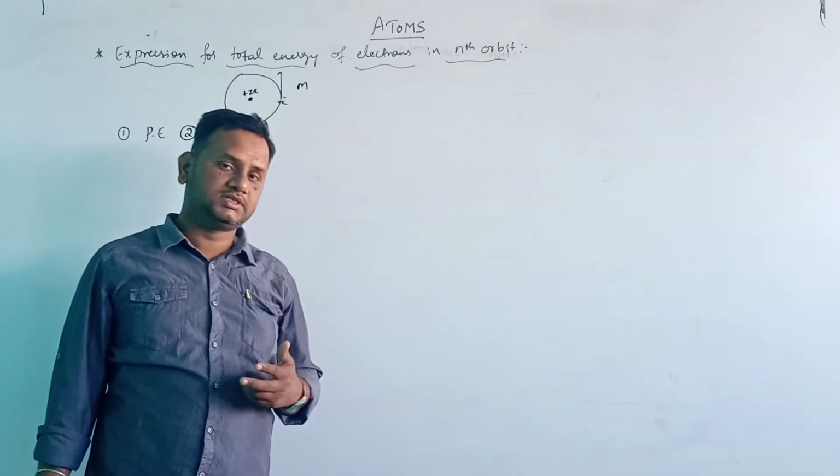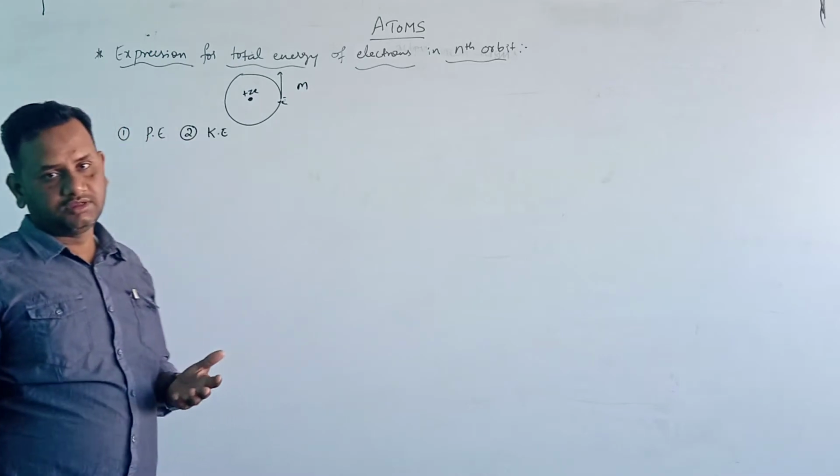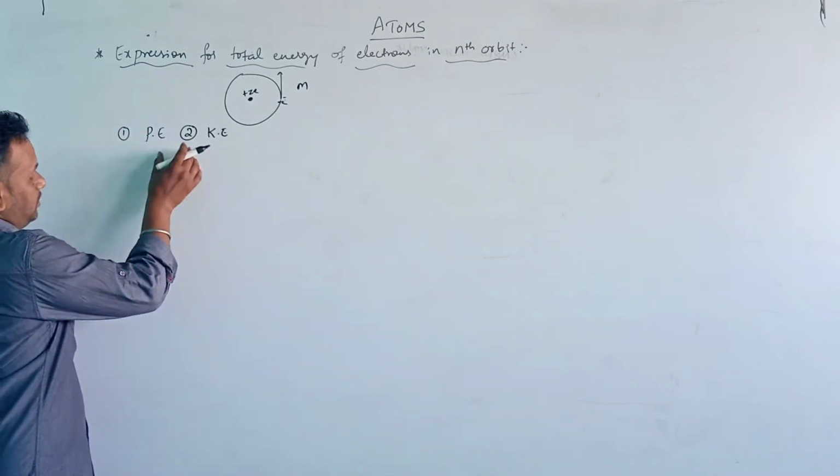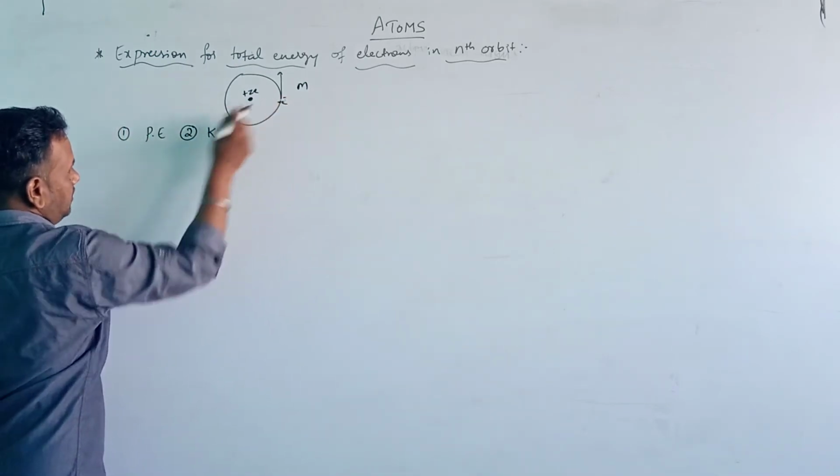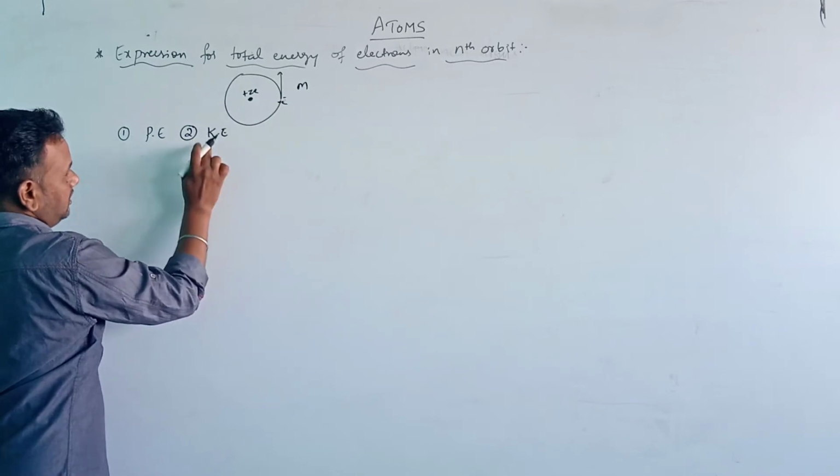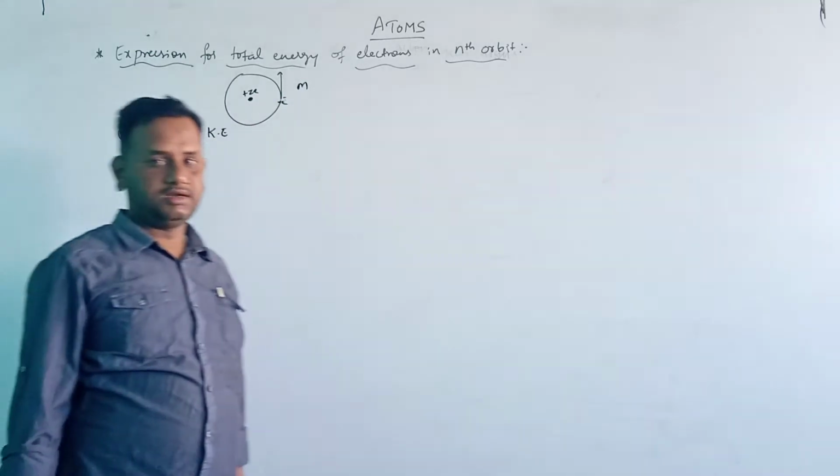Any body which is in motion has kinetic energy. So this electron has two energies, potential energy and kinetic energy.